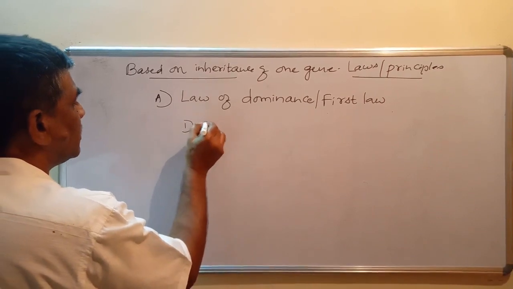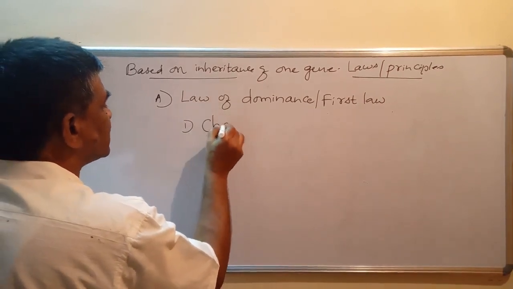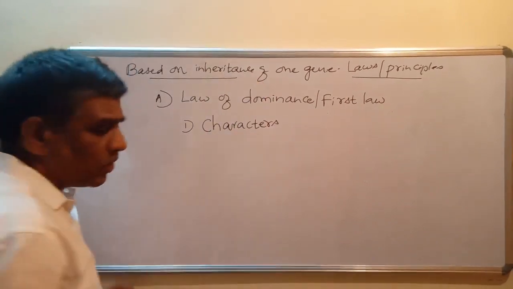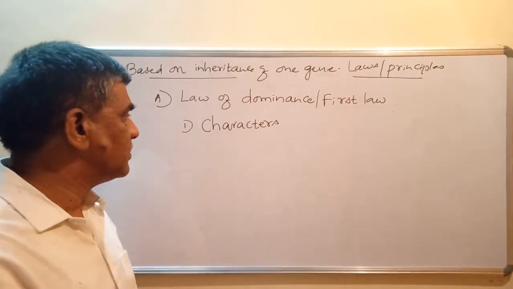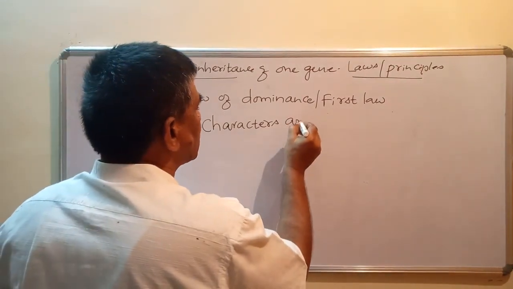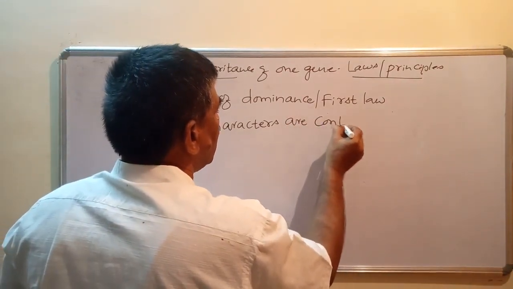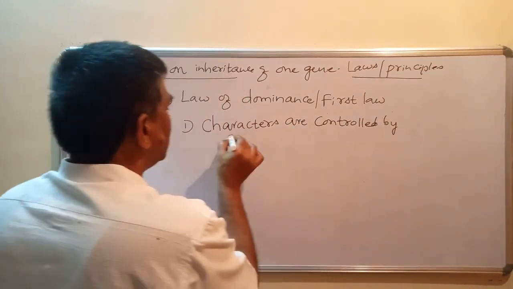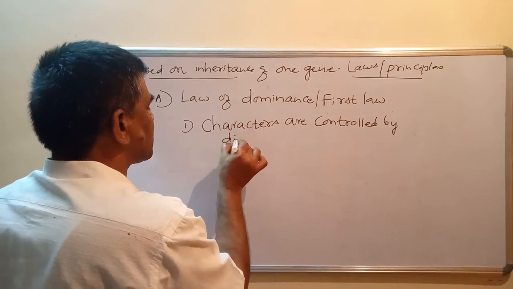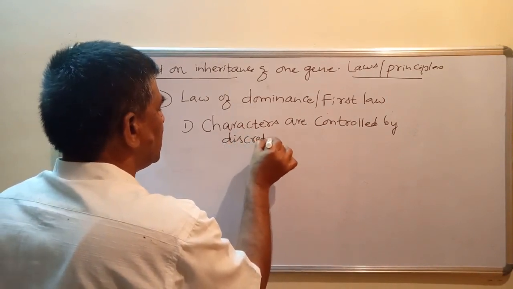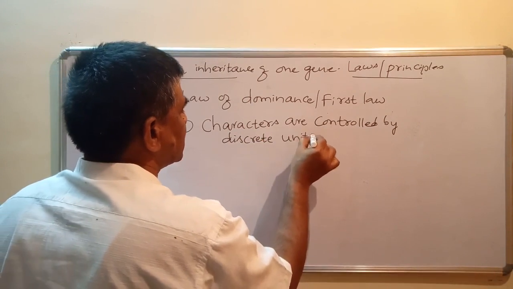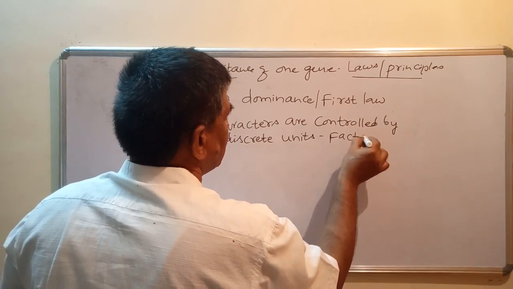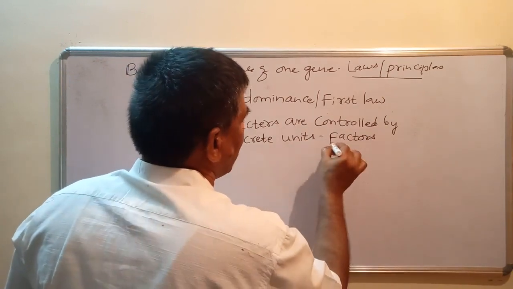One, every character present in an organism is controlled by discrete units called factors.